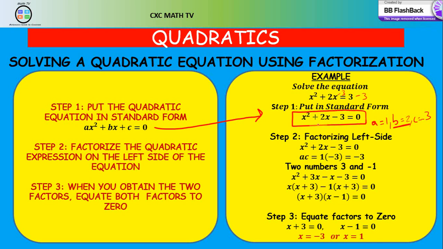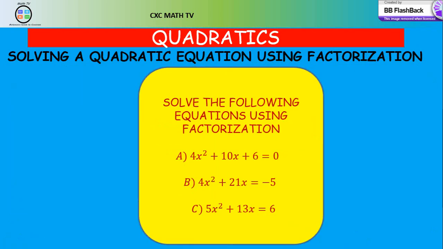So now we're going to replace 2x with 3x and minus x. From that, we proceeded to factorize. After factorizing, we get x plus 3 times x minus 1 equal to 0. Then we equate x plus 3 to 0 and x minus 1 to 0. So in that case, we get x is negative 3 or x is 1.